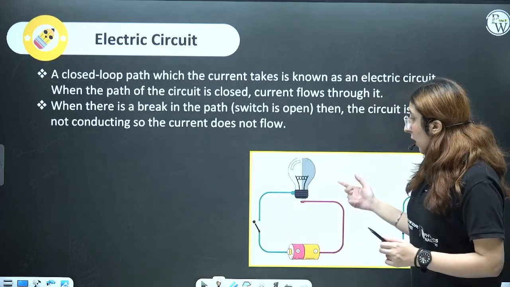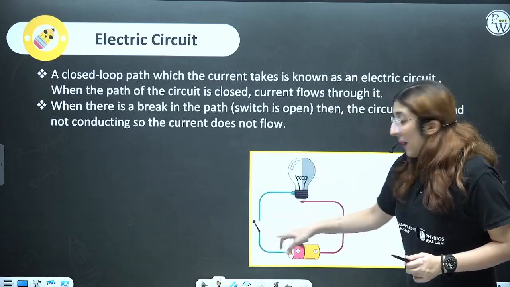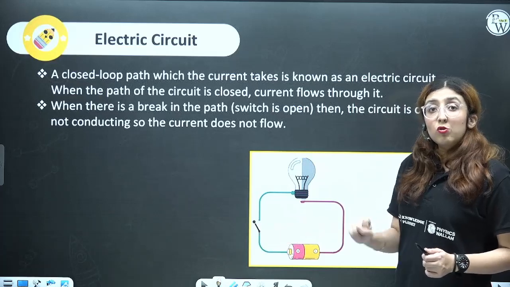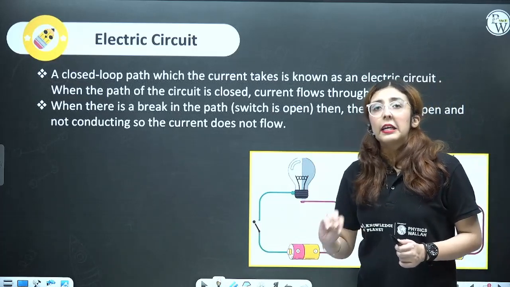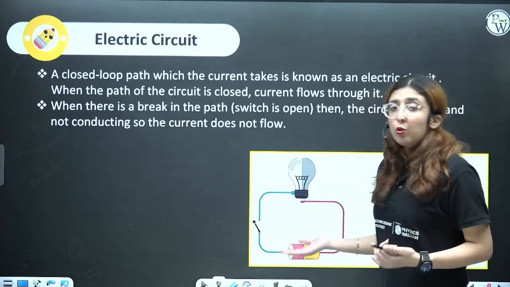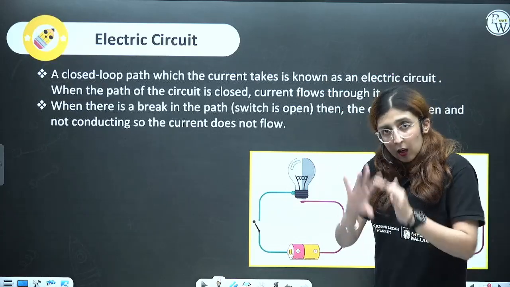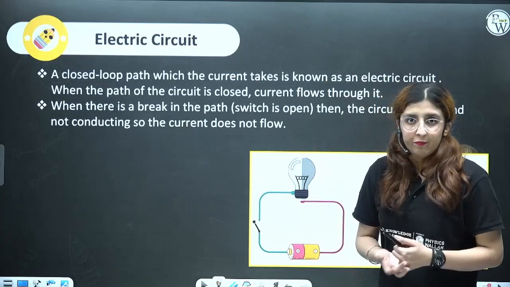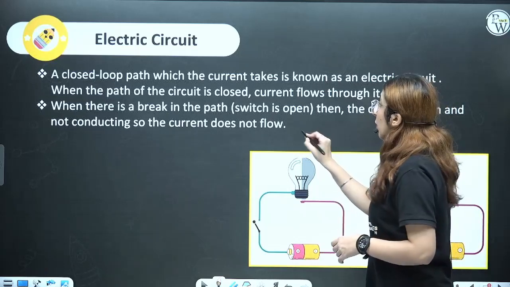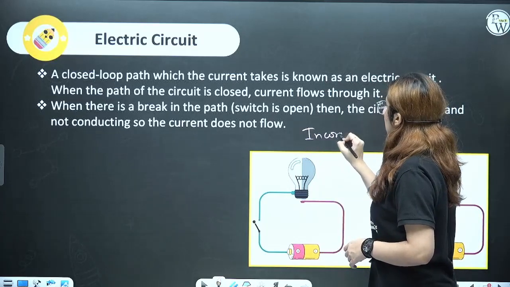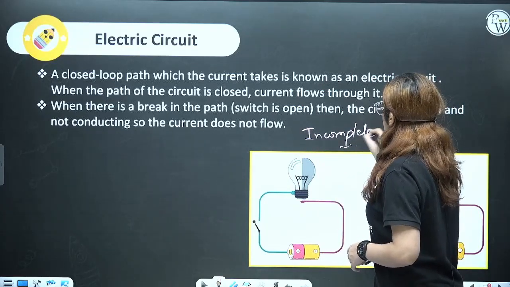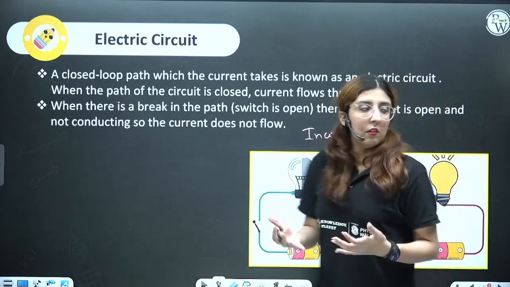If you have a look here, my switch is open. As my switch is open, it is broken, it is not allowing the current to flow through. Certainly I will say the electric circuit is open, incomplete. You use the term incomplete, and we use the term complete.